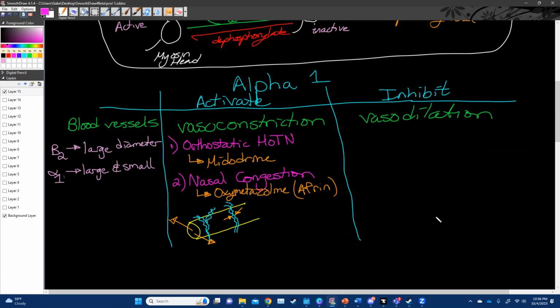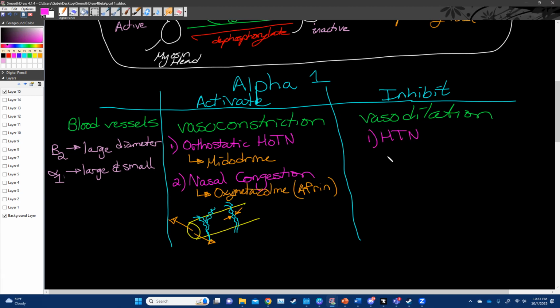So the vasodilation is going to end up widening the blood vessels all across the body, which is going to cause a significant blood pressure drop. So really the use of alpha-1 antagonists for blood vessels is really limited to hypertension.